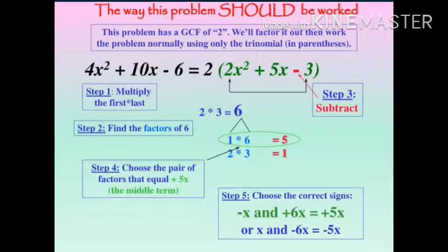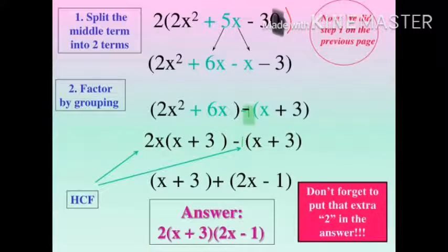Now the sign for the last term is minus, so we take 6 minus 1 is equal to 5, or minus 6 plus 1 is equal to minus 5. Now the expression is 2 bracket 2x square plus 5x minus 3, and the two terms for 5x are 6x minus x. So we write like this: 2x square plus 6x minus x minus 3.